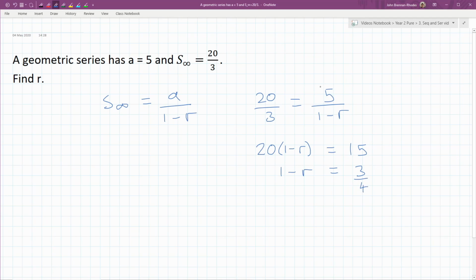I'll just double check my working. Yeah, okay. And so 1 minus 3/4 is equal to r. And so we get r is equal to 1/4. Okay, just check my working. Yeah, okay, I'm happy with that. So there we go, r is 1 over 4.